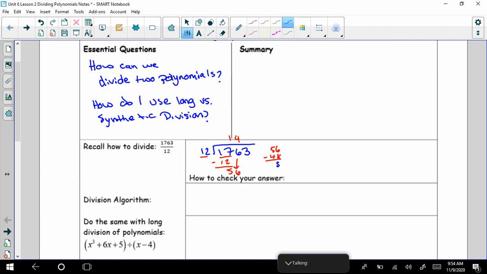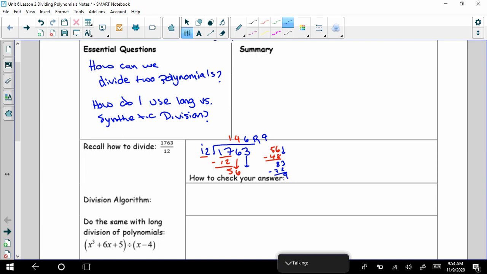Sorry, I can't divide and talk at the same time. So 8, we bring down our 3, 12 goes into 83, 6 times, 12, 72 minus is 9. When there's no more numbers to bring down, that is your remainder.